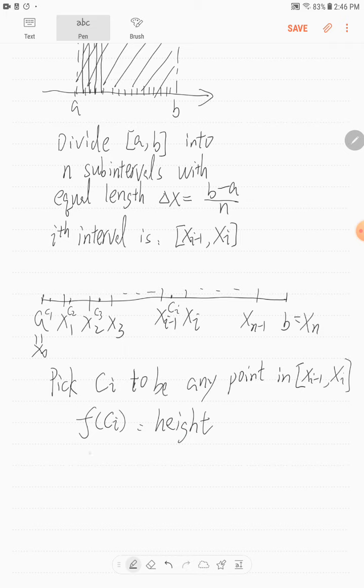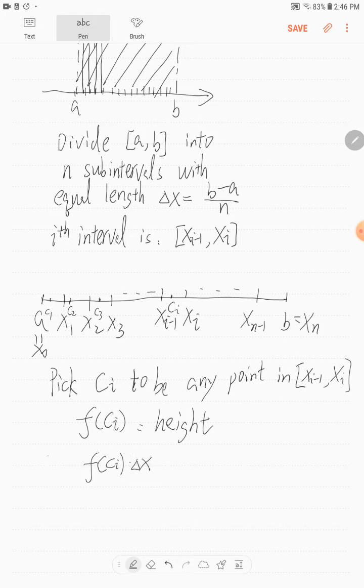Then we do the calculation. We compute the area for the rectangles, which would be the height f of Ci times the base. The base is the length of the subintervals.